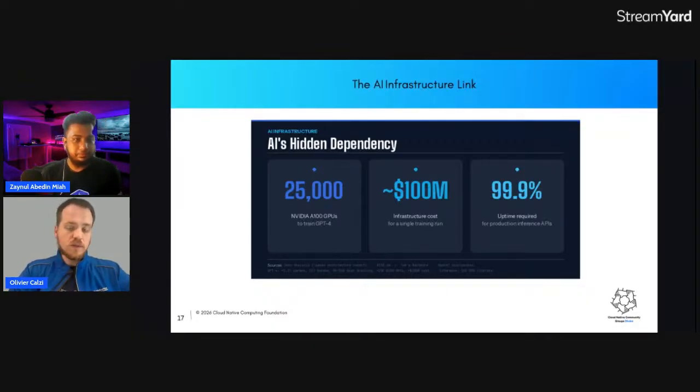Those numbers are insane, but they are already from yesterday, and today it's just getting bigger and bigger. I haven't found any more recent leak or news about it, but just look at the price of memory and how it went up in the last month. It's crazy. So there is a lot of need for people on the infrastructure side to deal with those models.